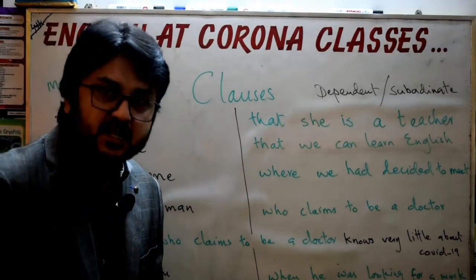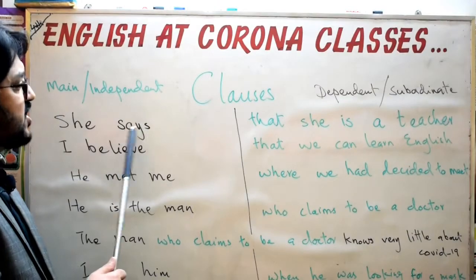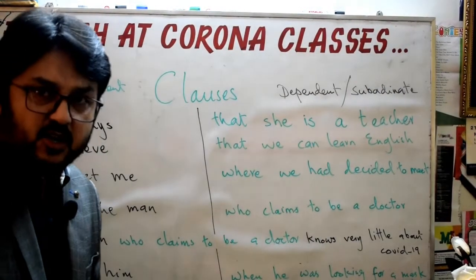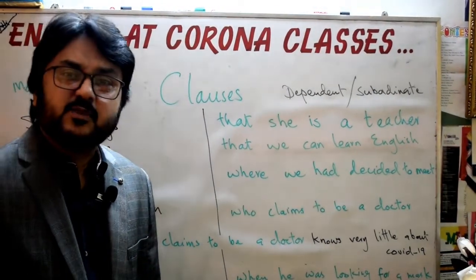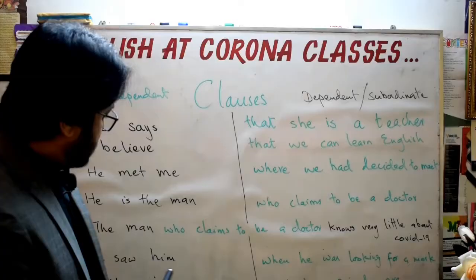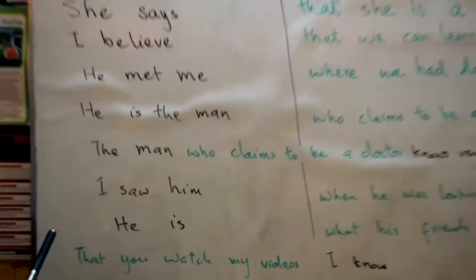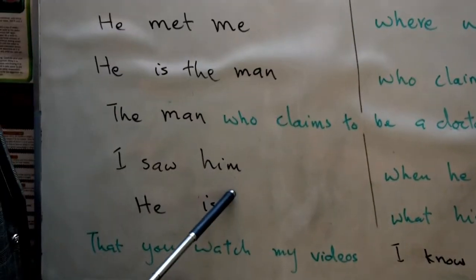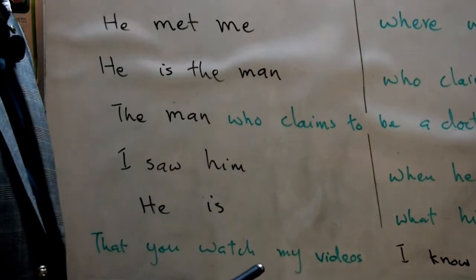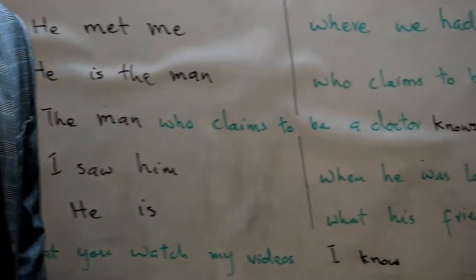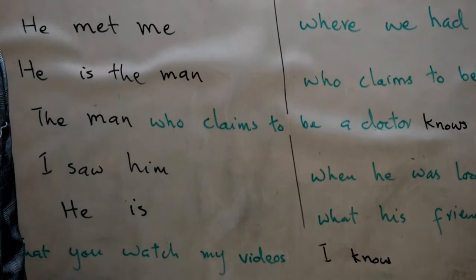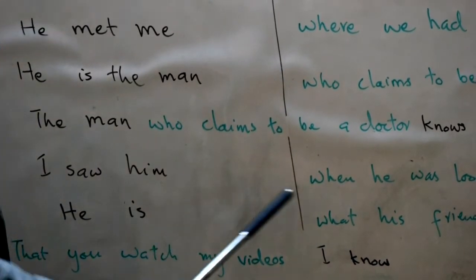When we have such a structure where there's a main clause and a subordinate clause, that structure is termed as a complex sentence. Come to the next example, please. I saw him. Okay, I saw him. No problem. This can be written as a separate sentence. But look at this part.